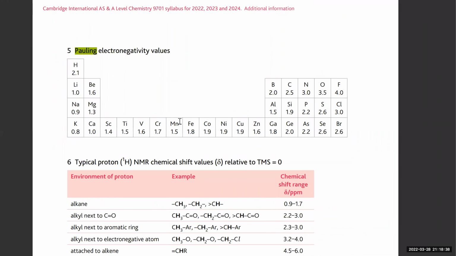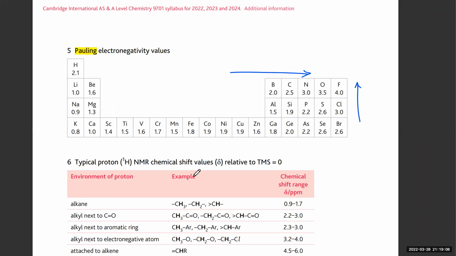Remember, electronegativity in the periodic table increases towards the right, and it increases upwards. So the Pauling scale gives you a value that fluorine over here is very electronegative. The ones that have a low value are not very electronegative. They don't like to gain electrons.